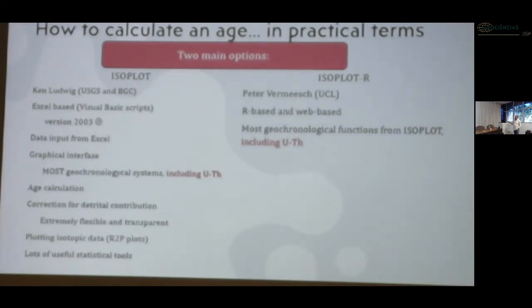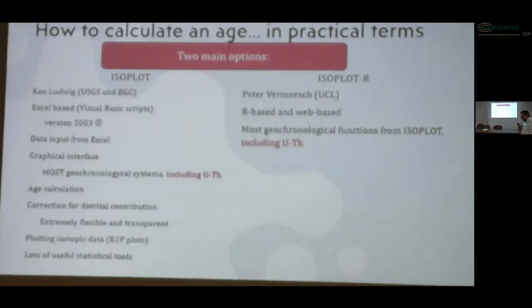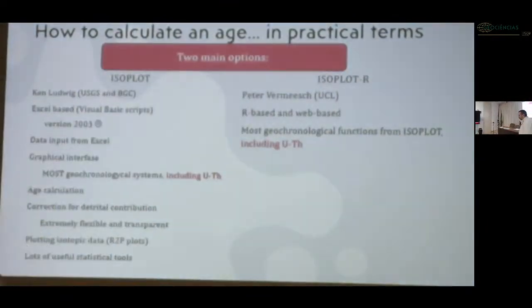So you have to work in Isoplot, which you can still get, I'll show you in a minute where, in a 2013 version or earlier. It's becoming more and more difficult to actually run it, because I tried to run some examples for this talk, and it's getting more incompatible with current versions of Windows.